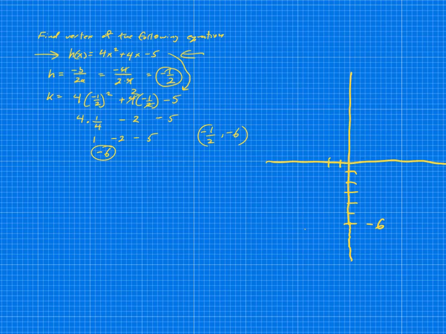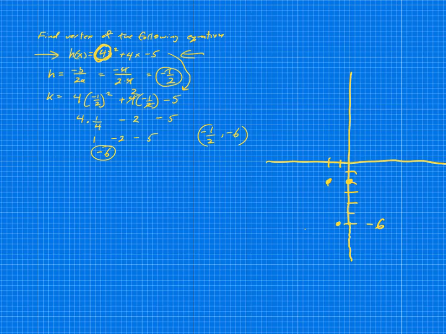So negative 1/2, negative 6 is somewhere down here. And because I have a 4 for my a value, if you look up here to the upper right, do you see this 4? That is the value of a. That means that I go over 1. If I go over 1 and I go up 4, that's where my definitive points are going to be.